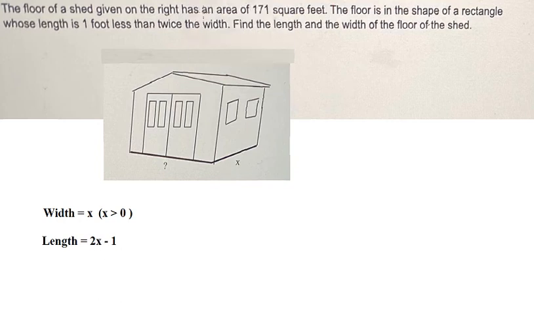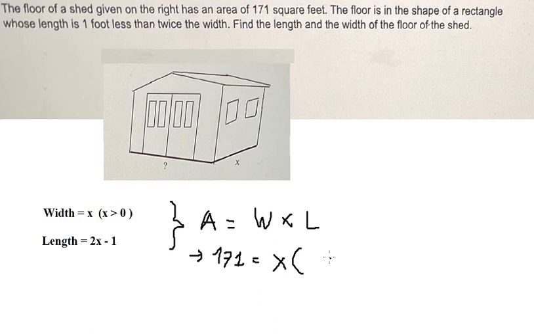And the next one, the area is 171, so we know that area should be the width multiplied by the length. So we have the value of area is 171, and the width is s, the length is 2s minus 1.